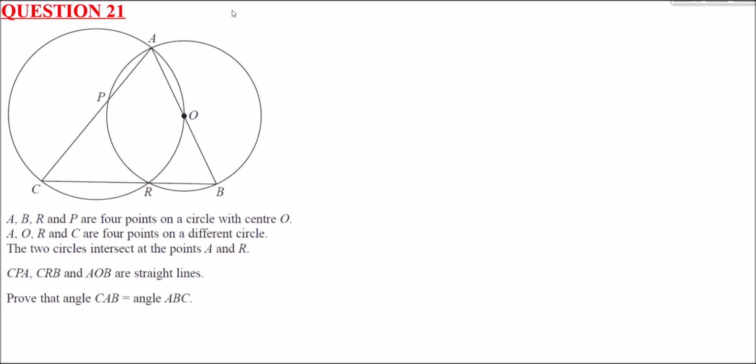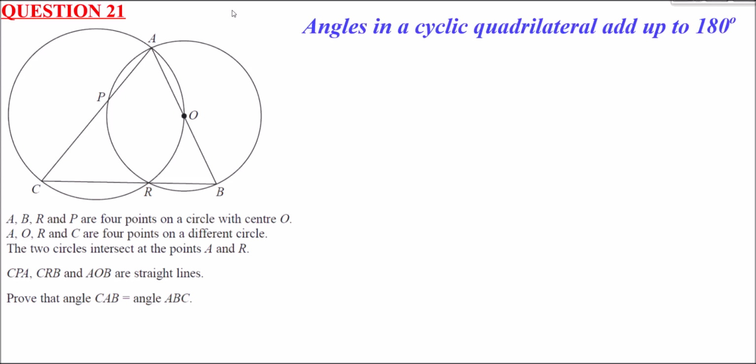So first of all, what we'll need to know today is that angles in a cyclic quadrilateral add up to 180 degrees. So if we've got a quadrilateral where each vertex touches the circumference of the same circle, the opposite angles of that quadrilateral will add up to 180 degrees.